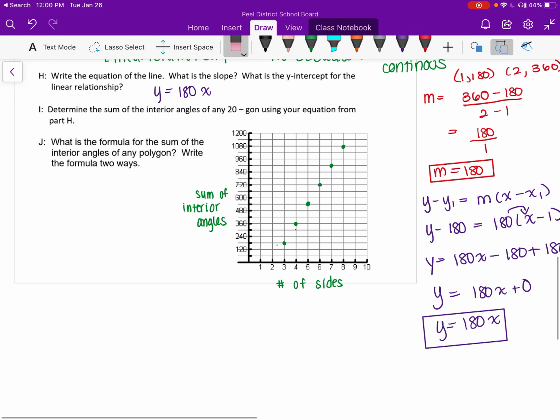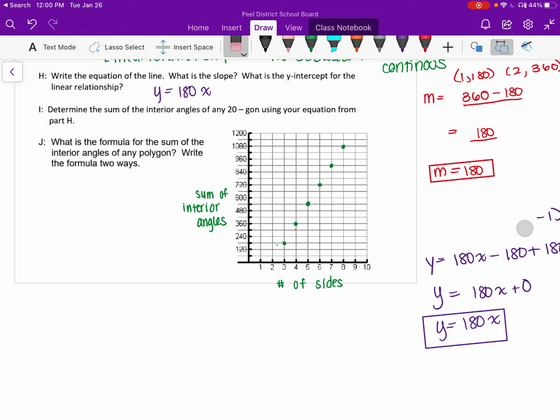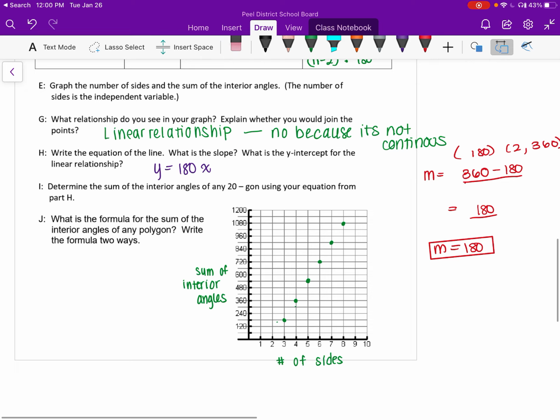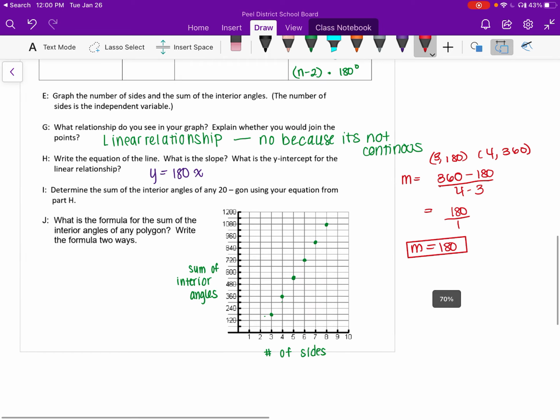Sorry, y'all. This is 3. It's not 180, it's 3. So 3 gives 180 and then 4 gives 360. That makes more sense. Sorry, y'all. And then 4 minus 3. Oh, it still worked out.